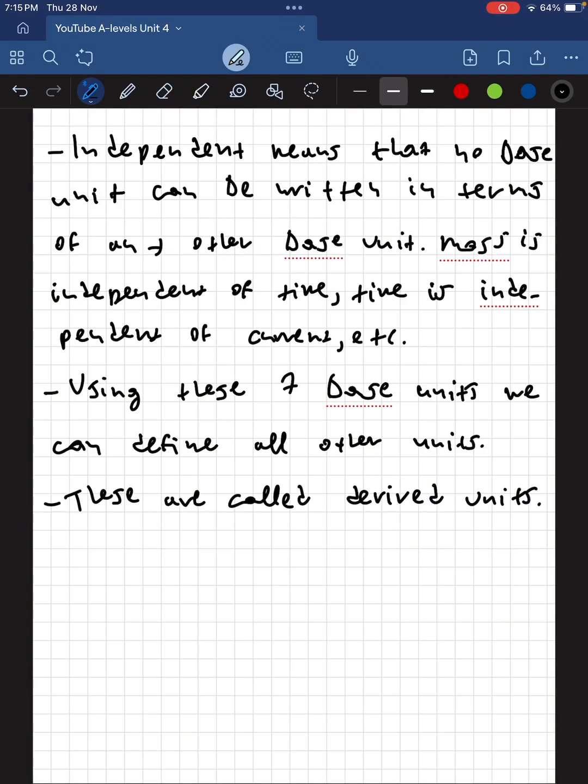So for example, force, which is given by mass times acceleration, is measured in newtons, and 1 newton is 1 kilogram times 1 meter per second squared. Another unit that has a special name is the joule, which expresses energy.